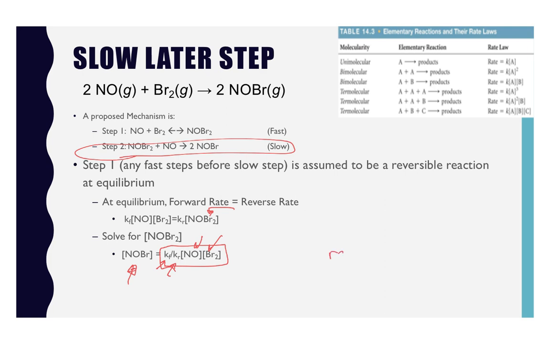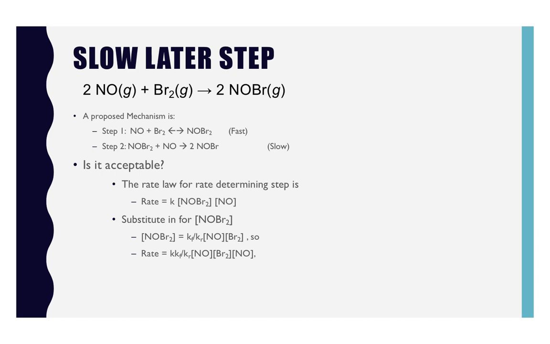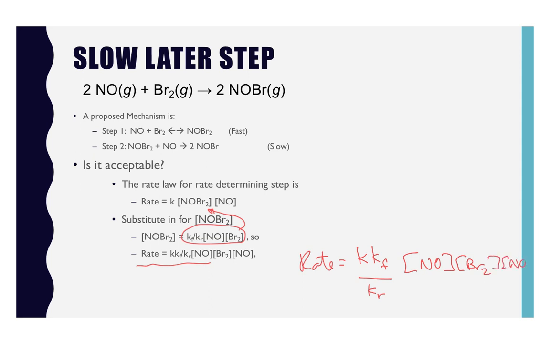Remember, the rate law for the slow step was rate equals k times NOBr2 times NO. So when I substitute this in, I get this expression: rate equals the rate constant for the second step times the forward rate constant divided by the reverse rate constant of the first step, times the concentration of NO times the concentration of Br2 times the concentration of NO.